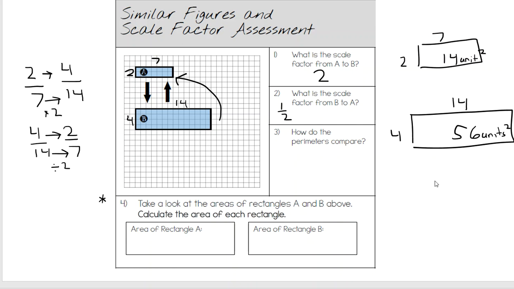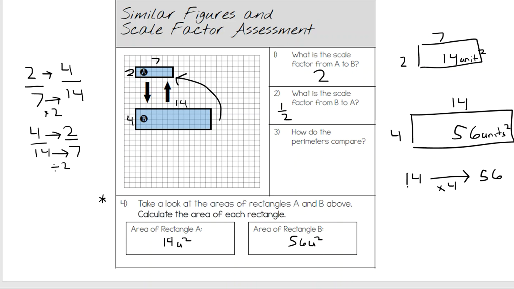Now let's compare these. If we are going from shape A to shape B, it looks like we have to times by 4. Okay, so for the areas, this one's 14 units squared, and this one is 56 units squared.